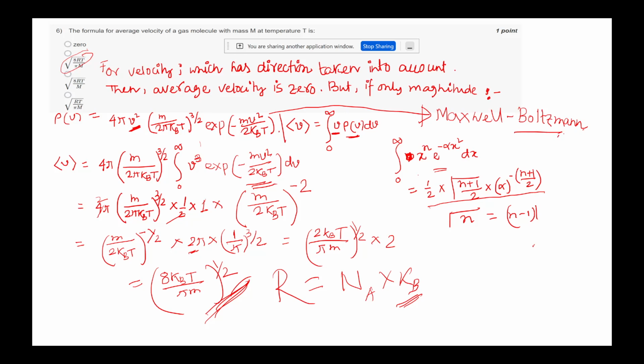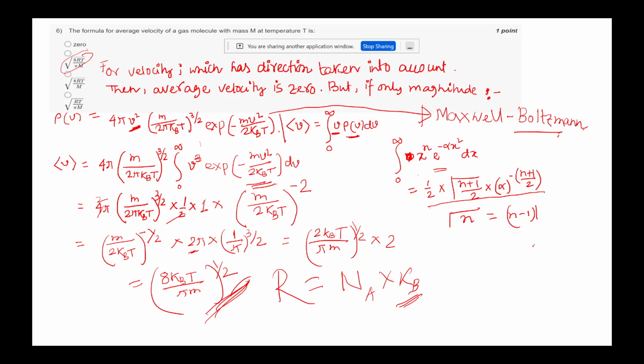Then if we have to calculate the average of that velocity, that should be the average of that quantity and the distribution of that quantity which I want to calculate the average of. And then we have to integrate out. We have done this integration where this constant part 4 pi I have taken outside. Since there is v square and there is v, that should be v cube, and this will be exponential of minus m v square by 2 kbT.